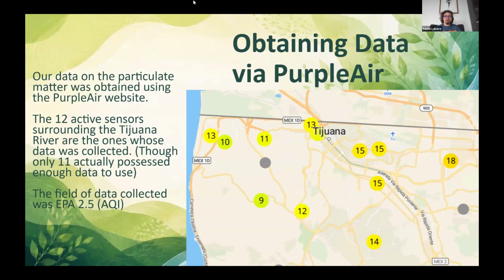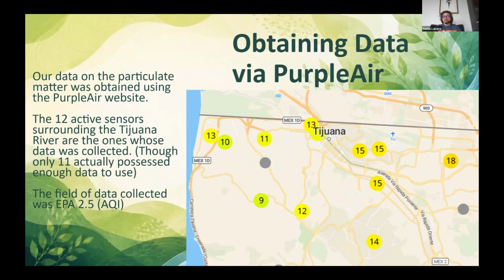We used the Purple Air website. It is a free source that you can look up. I have the actual website link at the end of the presentation. But yeah, it has a ton of sensors all over the country that collect the amount of particulate matter in the air near them.